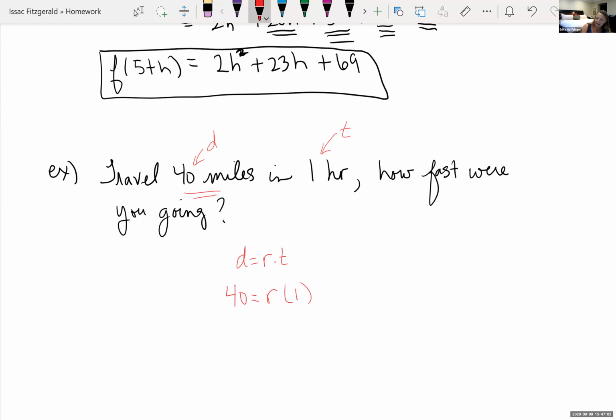I don't really have to divide by 1. So I know that R is equal to 40 miles per hour.